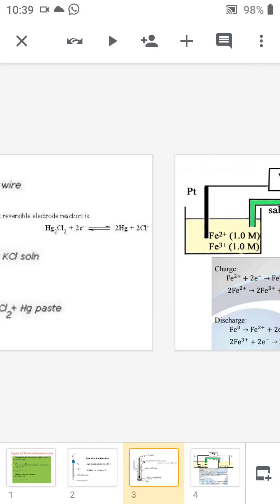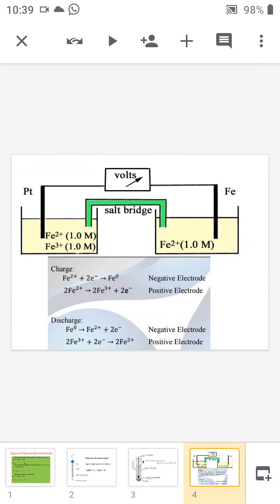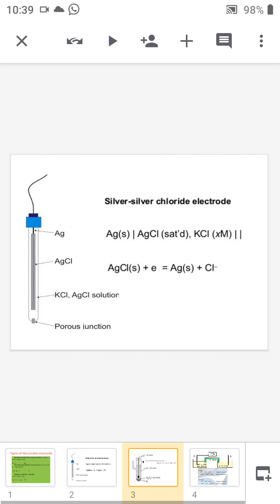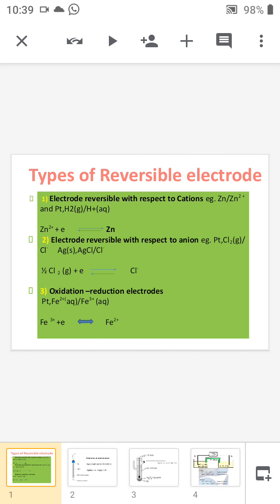Now the next variety is the redox electrode, the oxidation reduction electrode. This is the third category, in which we use the electrode as the Fe2+ bar Fe3+ electrode.